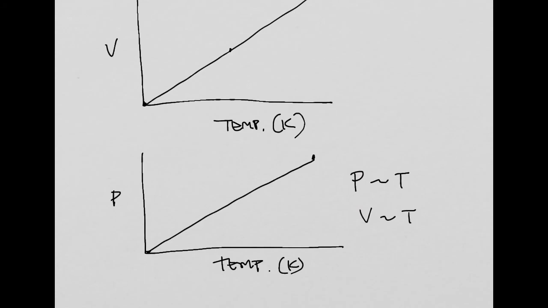Now, if that's the case, then we can put P on one side of our equation and say that it's directly proportional to the number of moles, directly proportional to the temperature, but inversely proportional to the volume, right? Now if we want to get rid of this directly proportional piece and make it equal, we need to put in a special constant of proportionality.